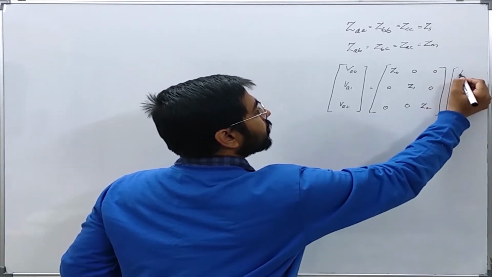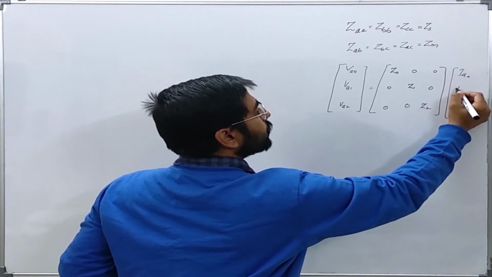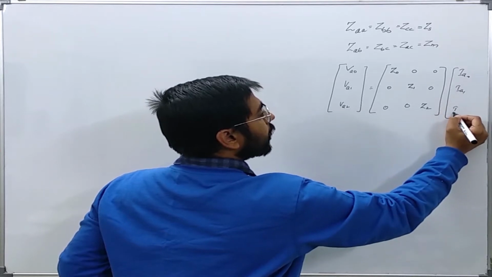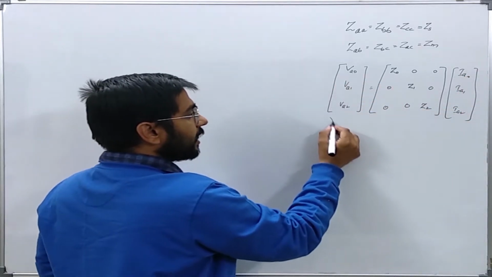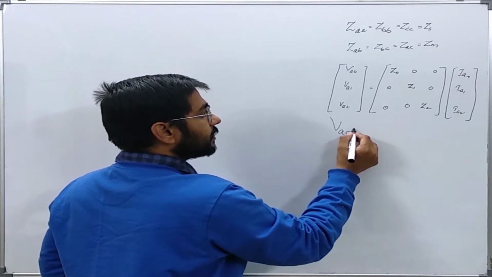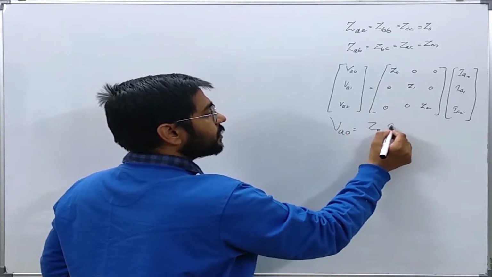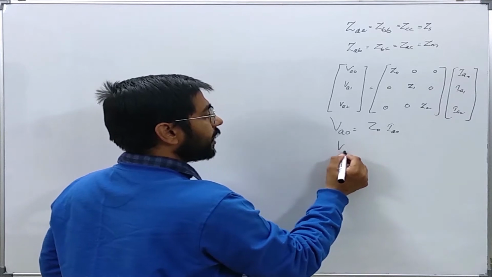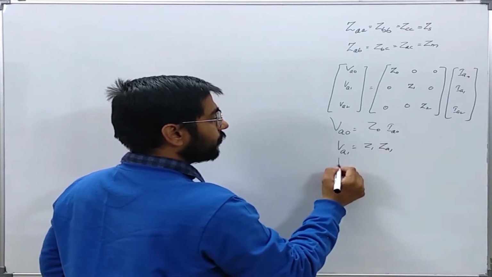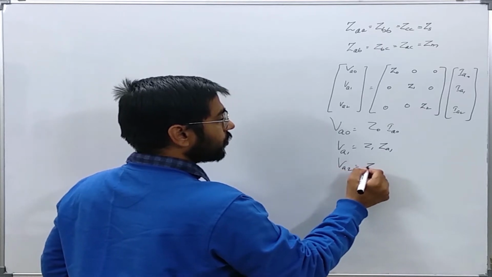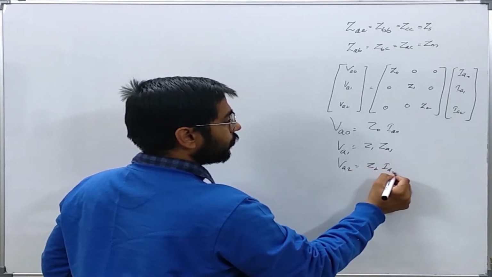And here will be the zero sequence current, the positive sequence current and the negative sequence current. Now clearly we can see that for VA0 I can just write Z0 IA0, VA1 equals Z1 IA1, VA2 equals Z2 IA2.